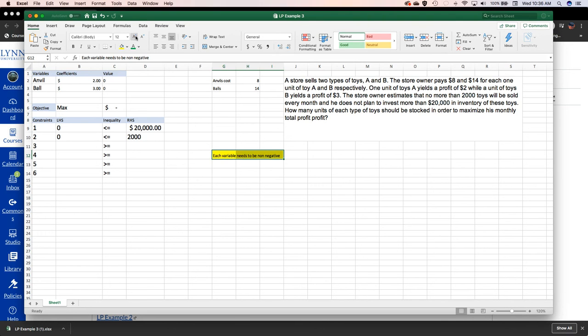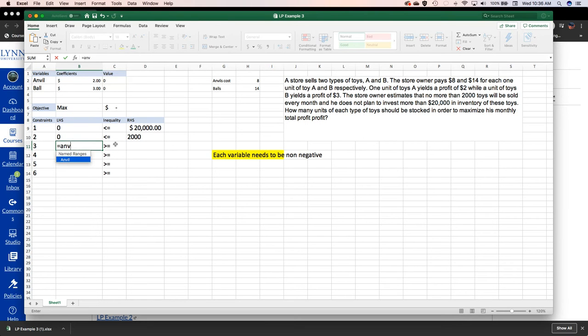How do I account for that? You say anvil greater than or equal to 0. Right. And the ball greater than or equal to 0. There you go. So you've got them all set up.